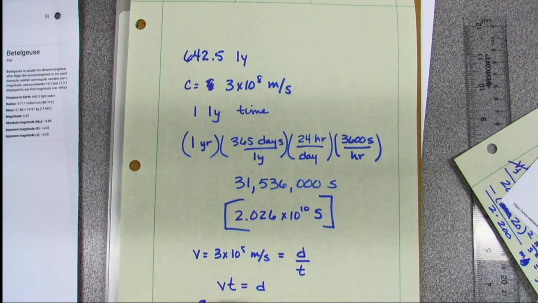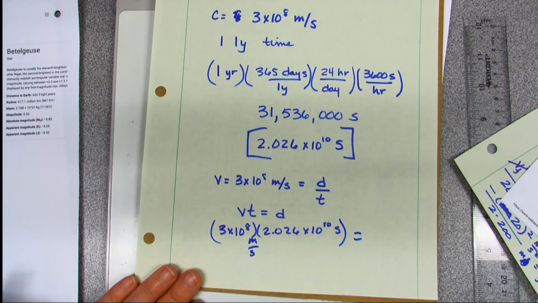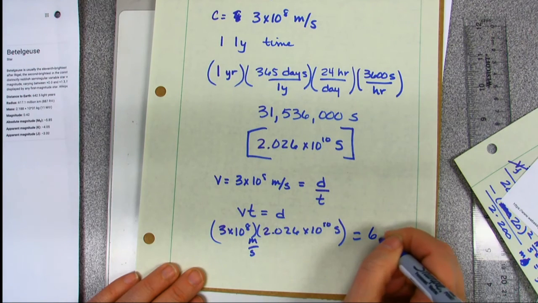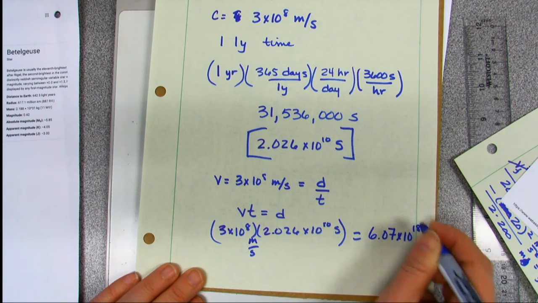So I'm going to take my 3 times 10 to the 8th meters per second and multiply it by 2.026 times 10 to the 10th seconds, which gives me 6.07 times 10 to the 18 meters.